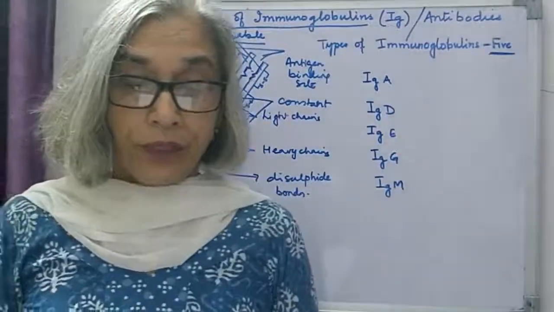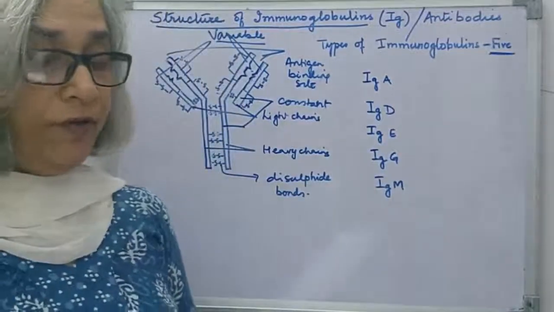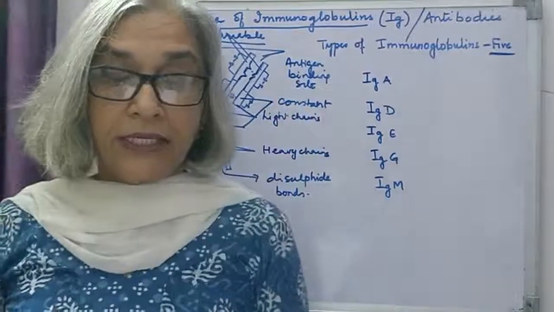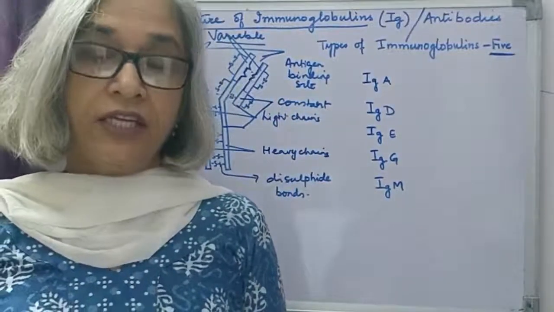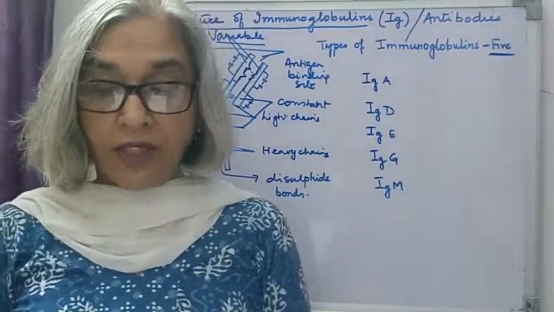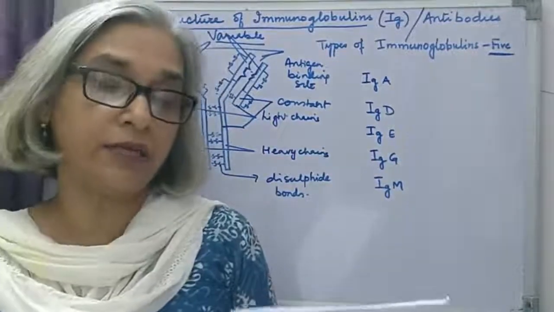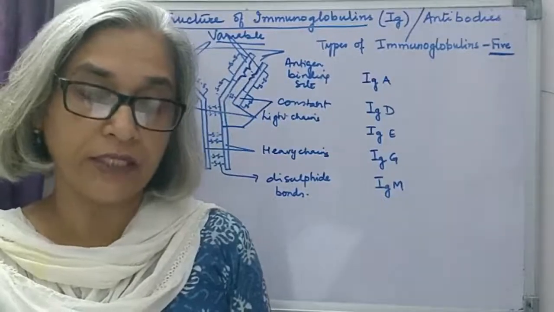the antibody molecule. The top 2 tips of the Y-shaped molecule are the antigen binding sites. They recognize and bind to a specific antigen in a lock and key fashion, forming an antigen antibody complex. Both the arms have the same antigen binding site, and so they recognize the same antigen.